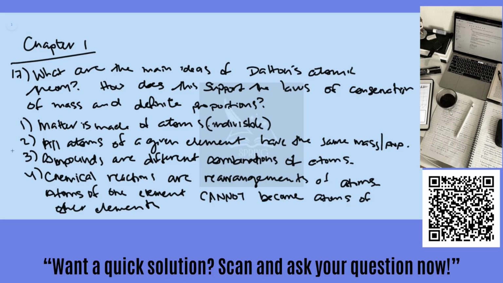It's important to note here that Dalton's theory states that chemical reactions are simply the rearrangements of atoms and not atoms of one element becoming atoms of another. And so this idea of rearrangement fits really nicely with the idea that reactions maintain all of the same atoms.